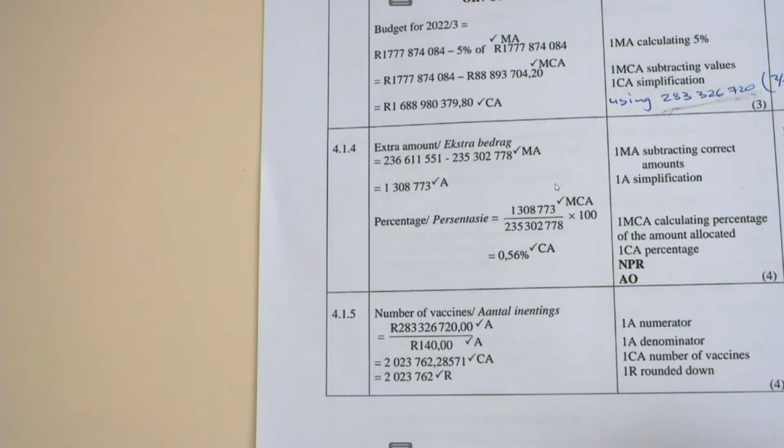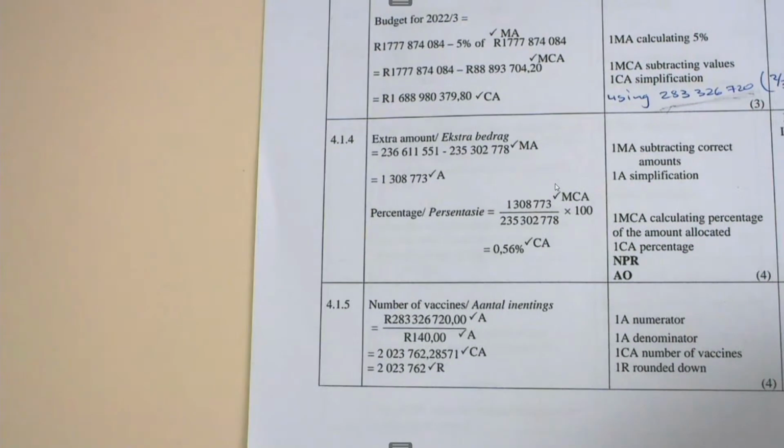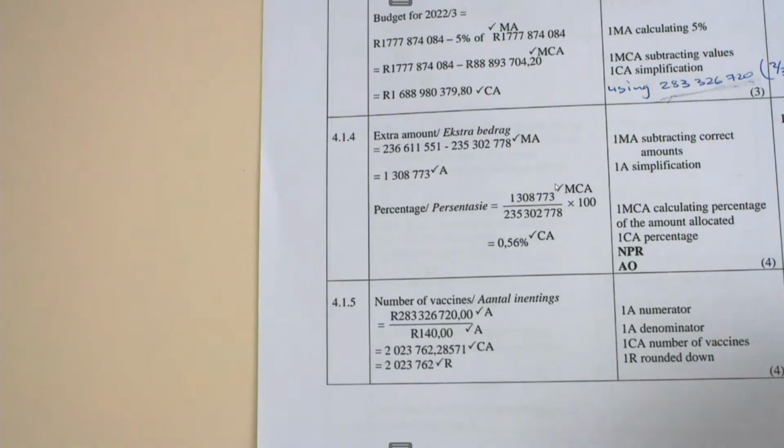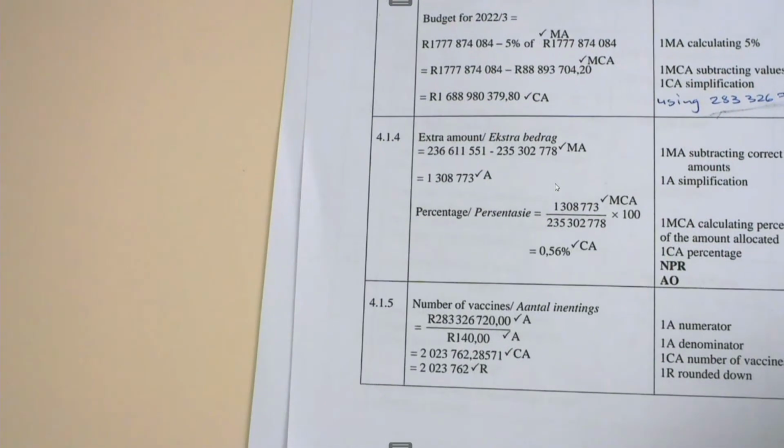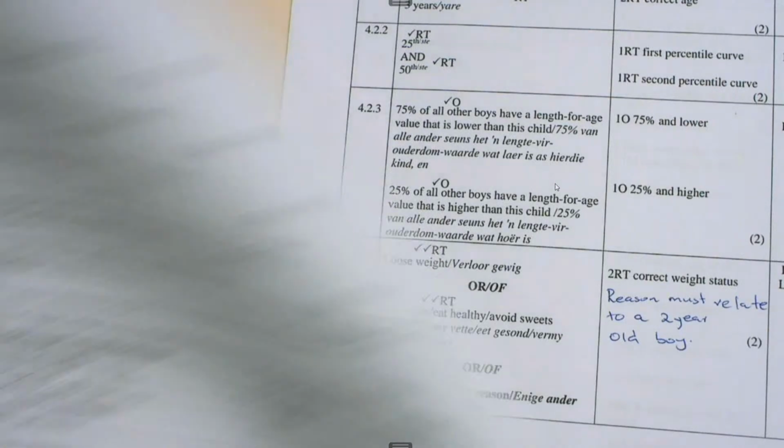You see the number of vaccines, and then for rounding down, not up in this case, it's 1 mark. So please, let's ensure that we interpret the memo according to the explanation column. That was 4.1.5. We don't have other options.